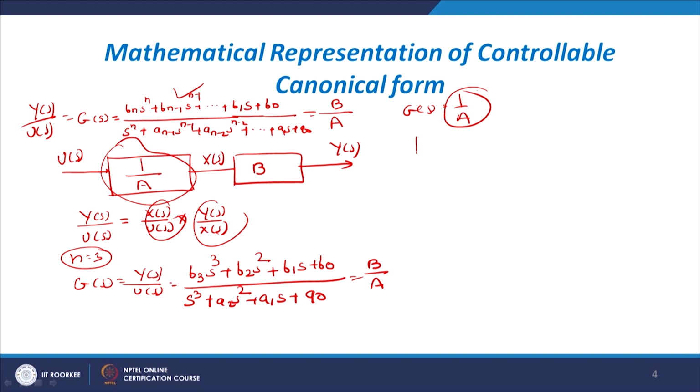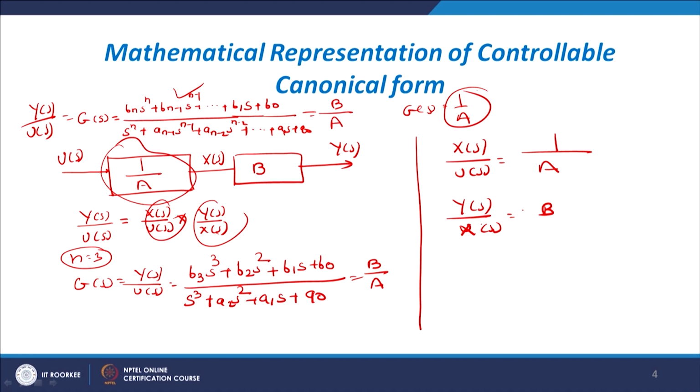and from this logic we can finally write X(s)/U(s) equal to 1 upon a and Y(s)/X(s) equal to b. So X(s)/U(s) equals 1 by a and Y(s)/X(s) equals b.